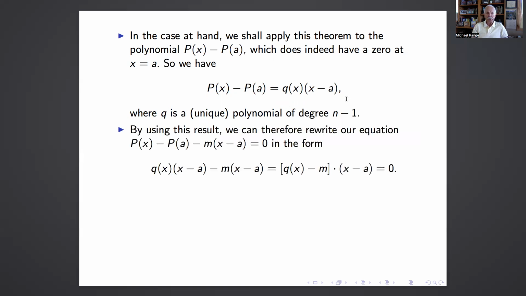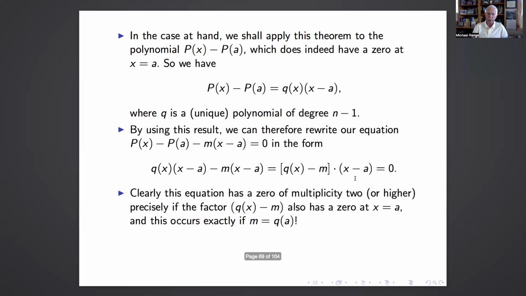By using this result, we can therefore rewrite our equation in the form q of x times x minus a minus m times x minus a. We can factor out the common factor x minus a, and we're left with the first factor q of x minus m multiplied with x minus a.